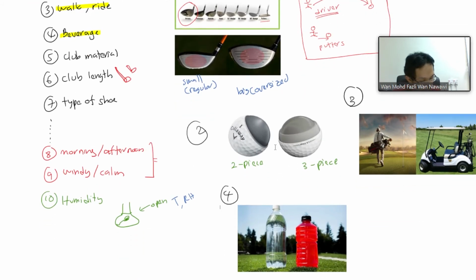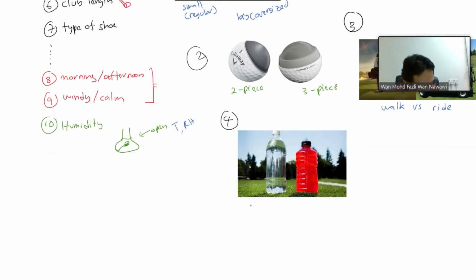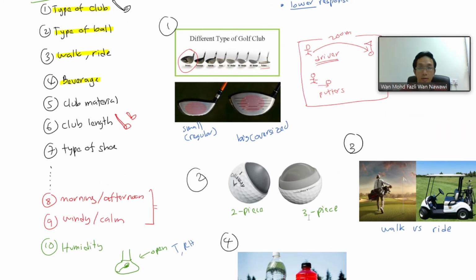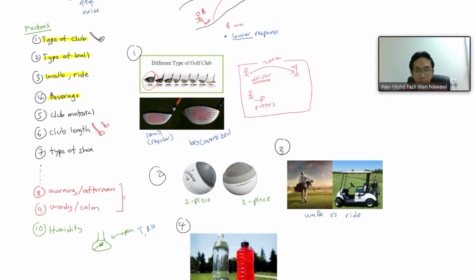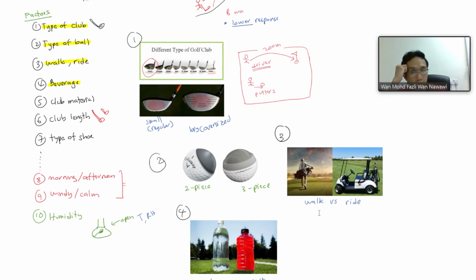And the third is either you walk versus ride. And the fourth factor is whether water is better than the sport drink. So this is basically what you want to check. You have 4 things.